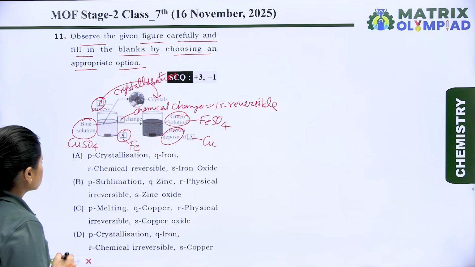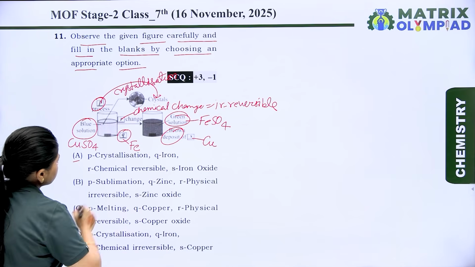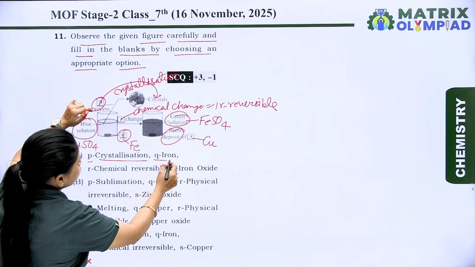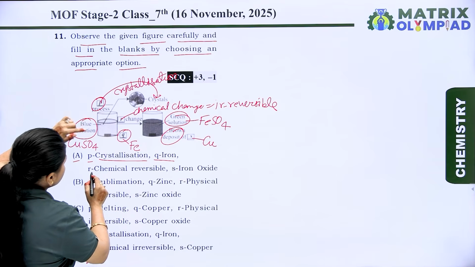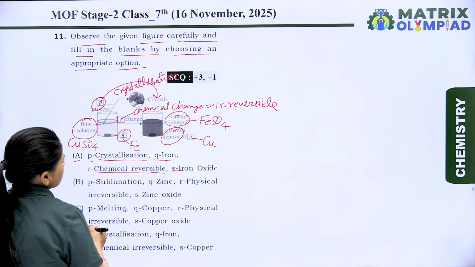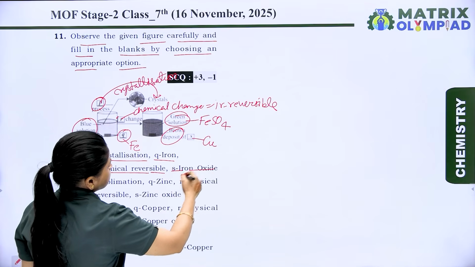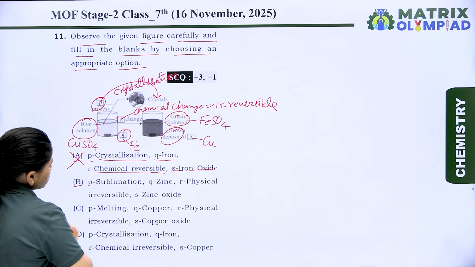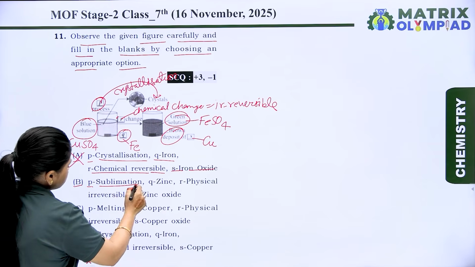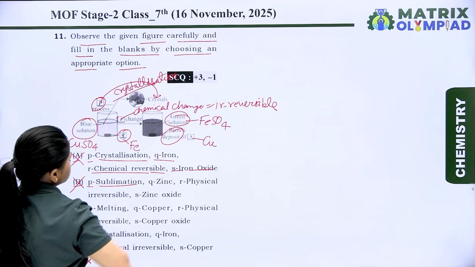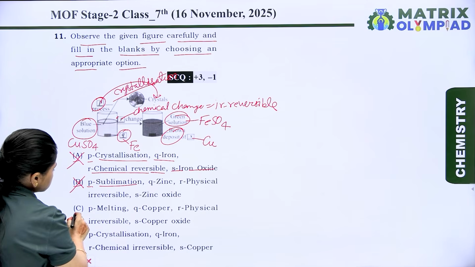Now the options. Option A: P crystallization, this is true, Q iron, this is again true, R the chemical reversible, S is iron oxide, no, it is incorrect. B, P sublimation, no, P is not sublimation, it is crystallization, so it is wrong.